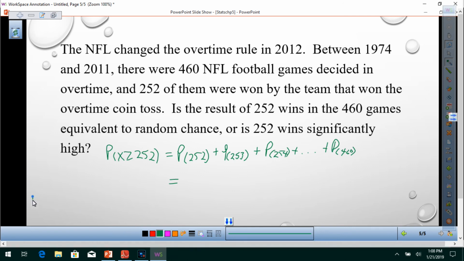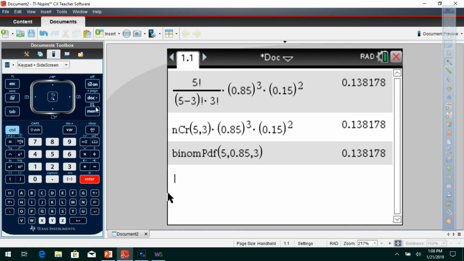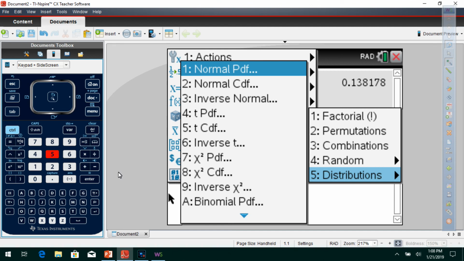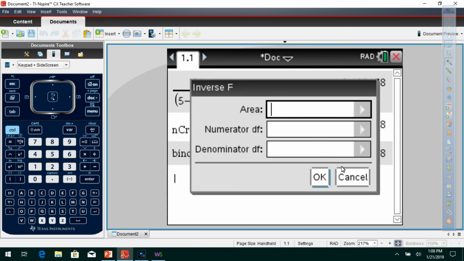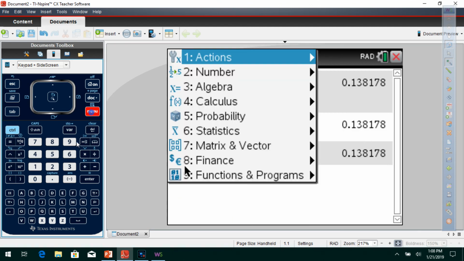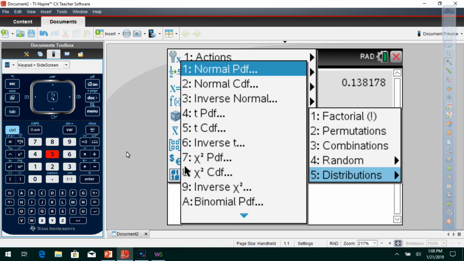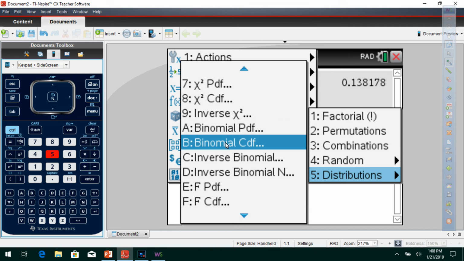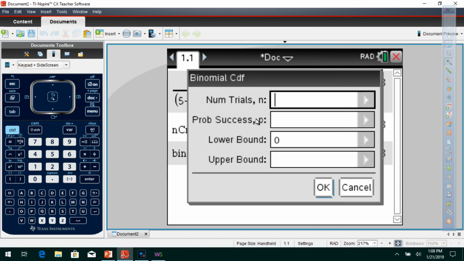All right, so technology will help, and we're going to use menu 55B. Menu 55, and then, like I said, it is called Binomial CDF or B. Number of trials, 460.